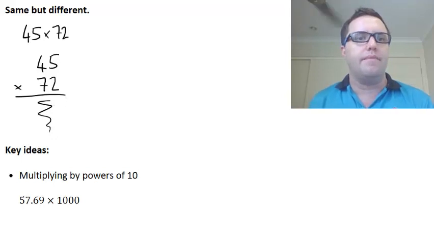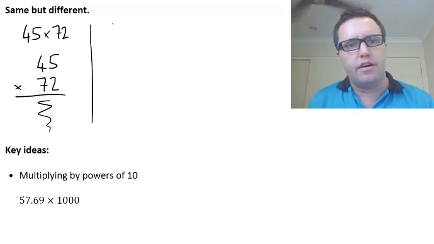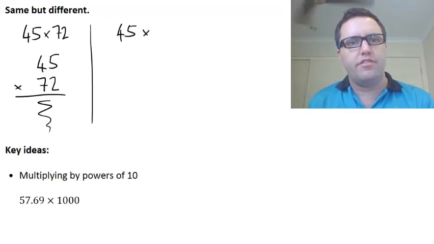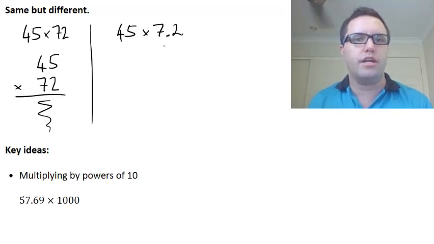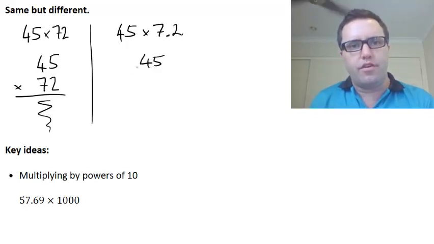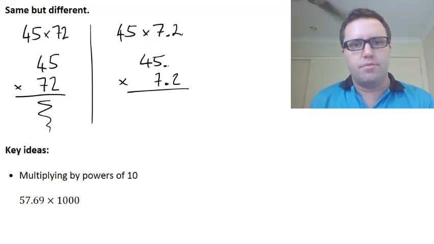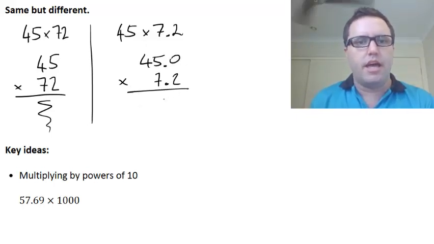Now however, if I had 45 times 7.2, it's very important. We can't just go, oh okay, 45 times 7.2, let's put some zeros somewhere and go about it.